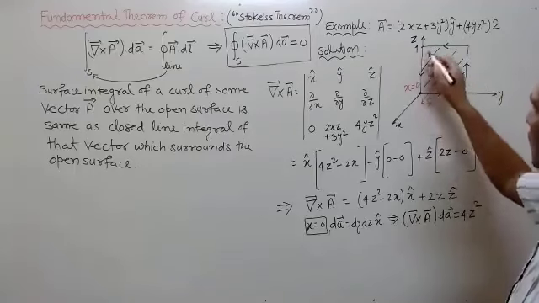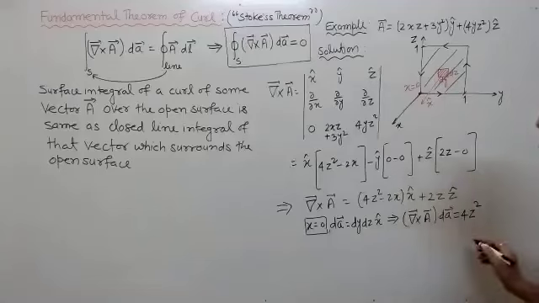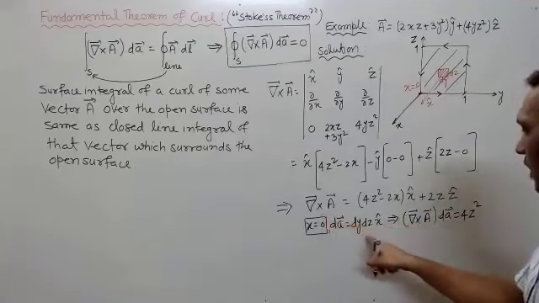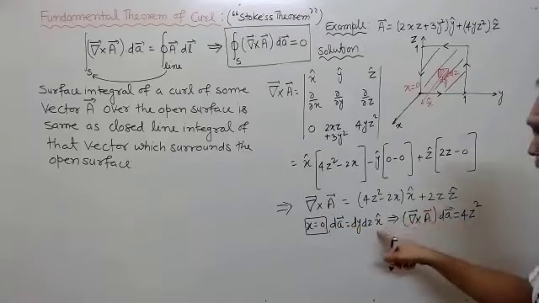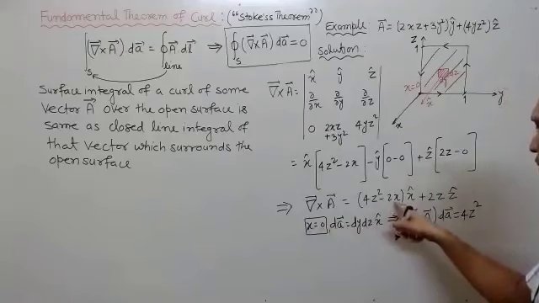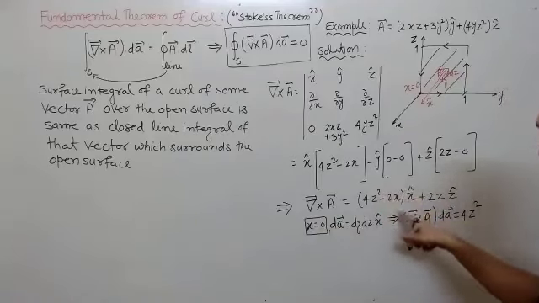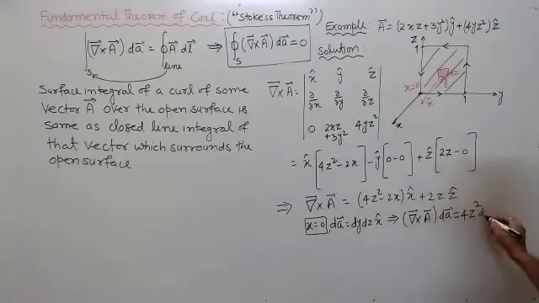So at x is equal to 0, x is fixed, that is 0. So if you take del cross A dot dA, you will get x dot x is 1, and z dot x will be 0. And put x is equal to 0 also. So this term will be 0, this term will be 0. So you will get simply 4z square dy dz.